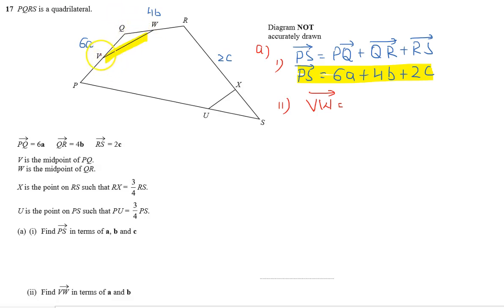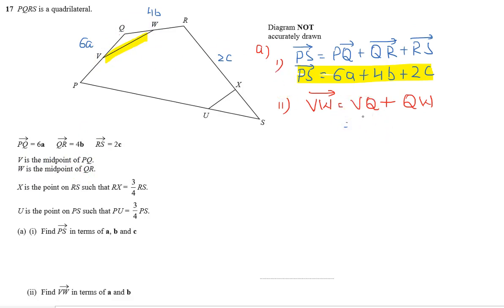So this VW is VQ plus QW. V is the midpoint of PQ.